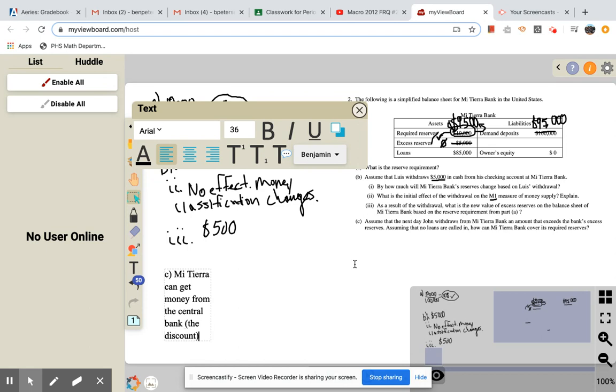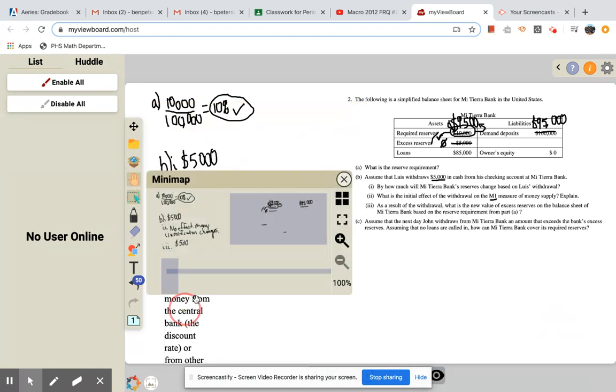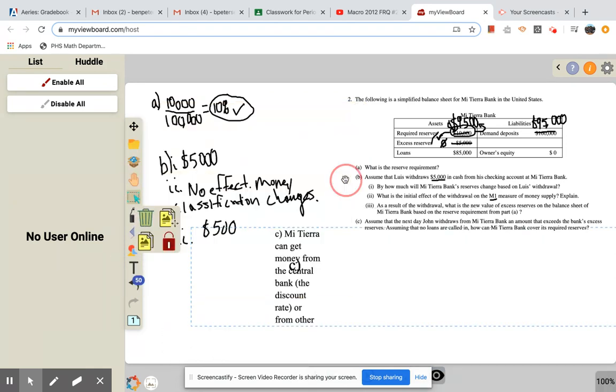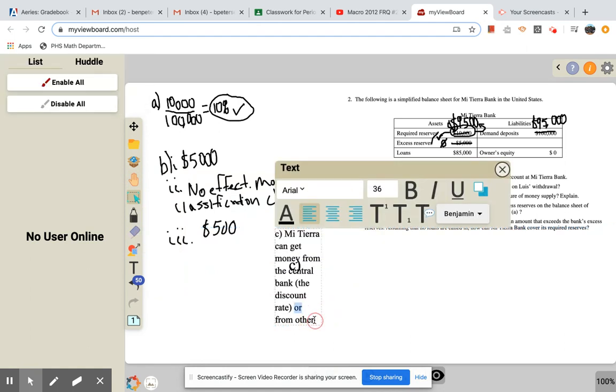At the discount rate, or from other banks at the federal funds rate. Okay, so go ahead and write that down for now.